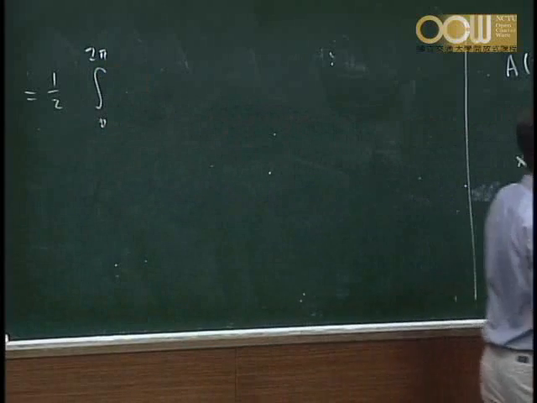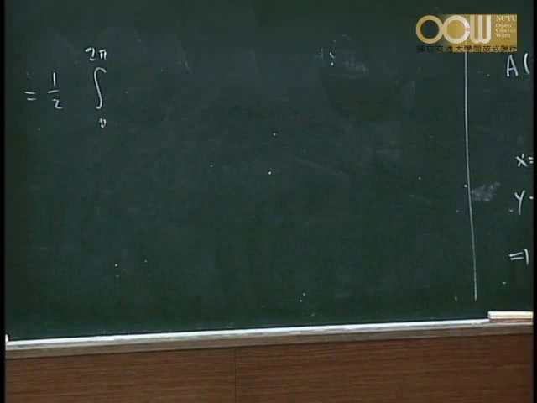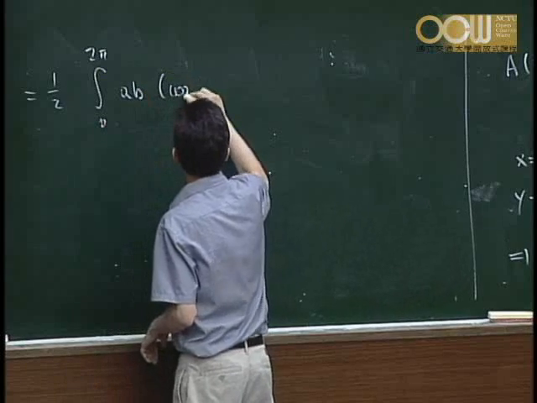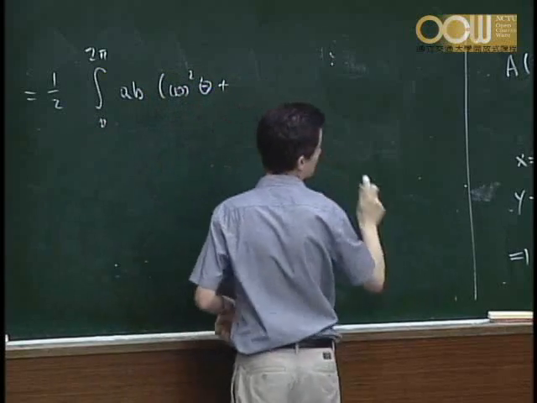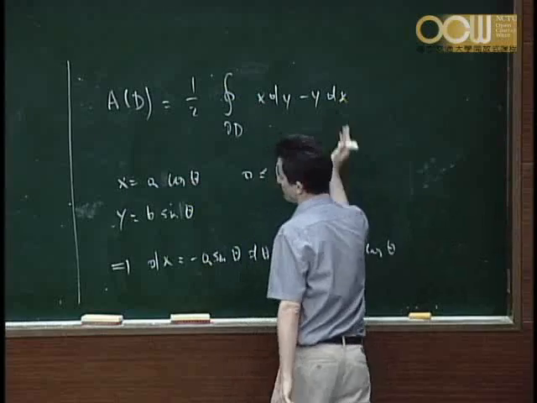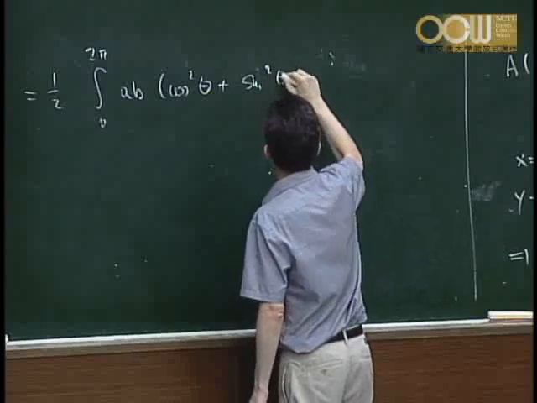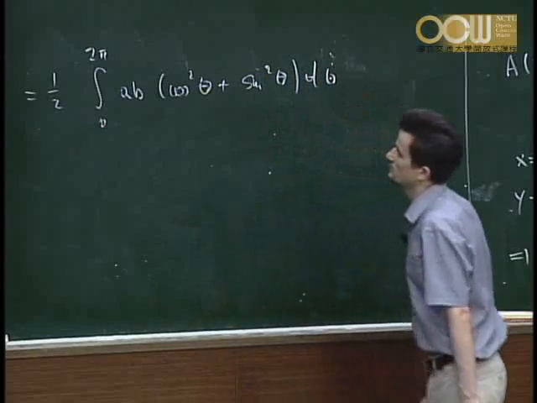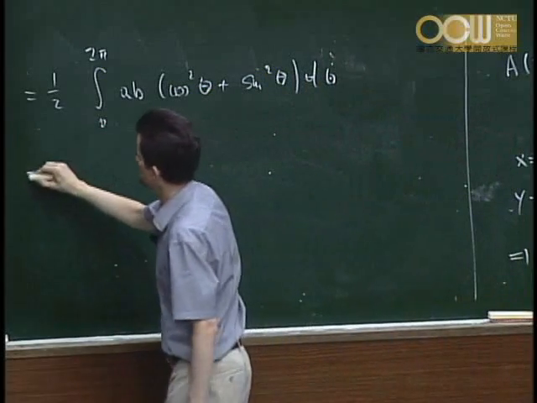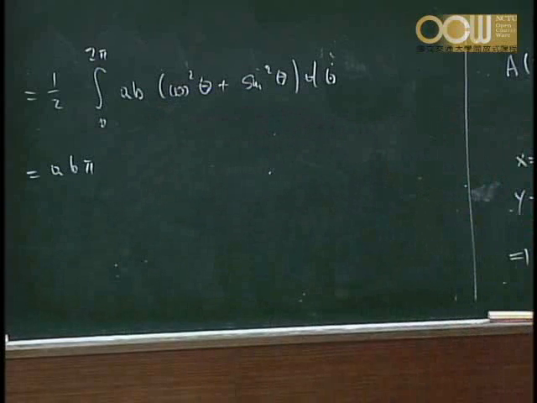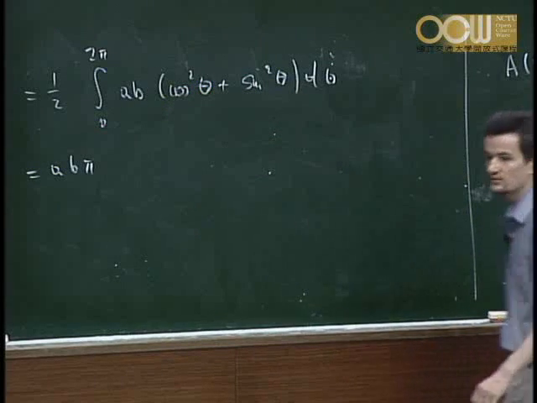If you plug in, x dy is a times b times cosine squared of theta, plus, for this part you have the same, a times b times sine squared of theta. So that's equal to a times b times pi, so it becomes very easy. This is another way you can apply Green's theorem.